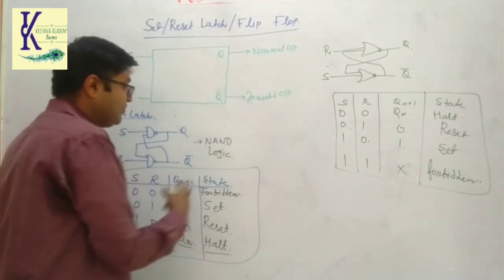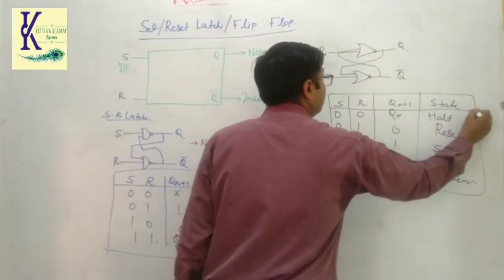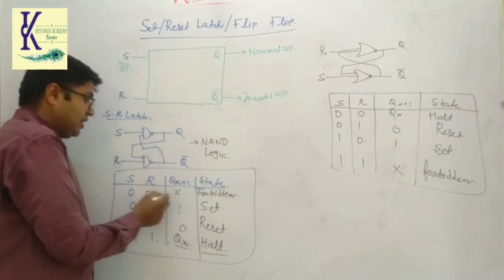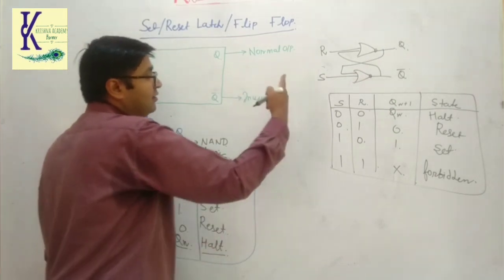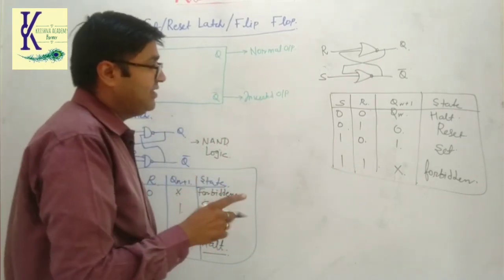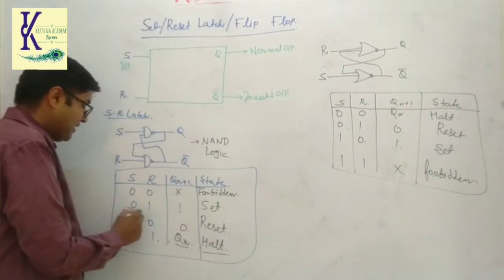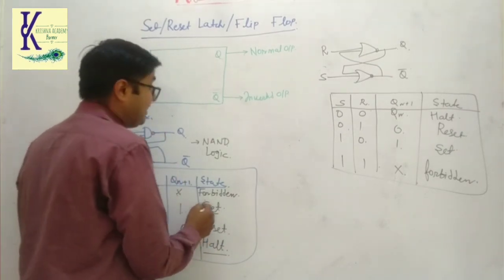Now you can see the difference between them. If you are using a NAND gate, during the 0, 0 condition, the output is X and that is forbidden. But in the NOR gate, when the input is 1, 1, then it is X and that is the forbidden condition. Again, when S and R are 0, 1, in the NAND case the condition is called set.